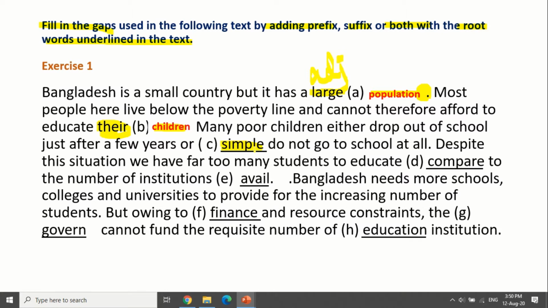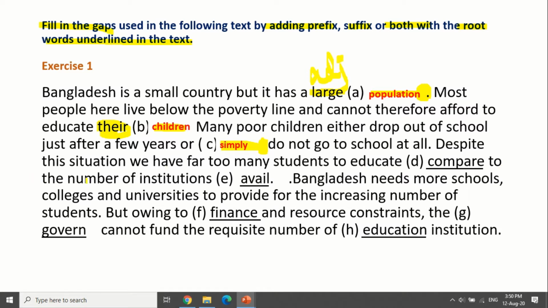So what we have to do, we have to eliminate this E and just replace it with Y. So it will become simply, or simply do not go to school at all. অনেক দরিদ্র শিশুরাই স্কুল থেকে কয়েক বছর পরে ঝরে পড়ে, অথবা অনেক দরিদ্র শিক্ষার্থীরা একেবারেই স্কুলে যায় না.